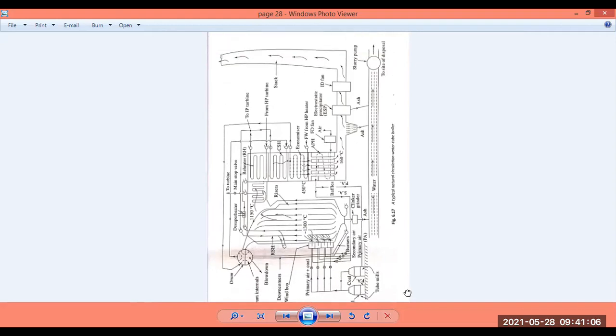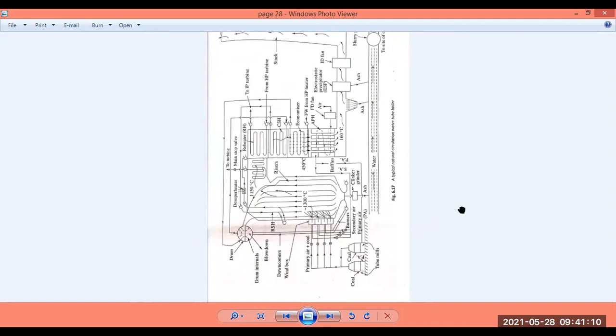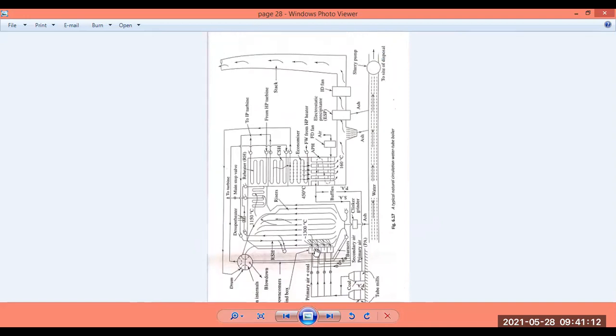Now there is a downcomer, and a wind box which gets the heat, and the preheated wind is sent to the wall of the furnace itself.